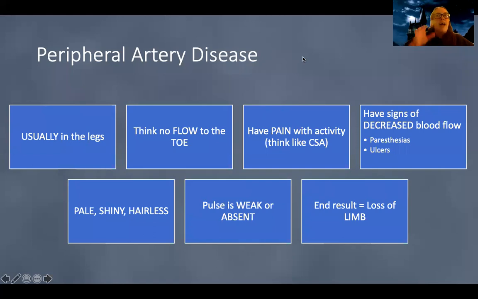So let's break down some of the major diseases within each of these. Remember, we said arterial or PAD. This is the serious one. PAD is BAD. Usually you're going to see PAD in the legs, so think no flow to the toe. Effectively, they're not having blood flow down into their lower extremities.